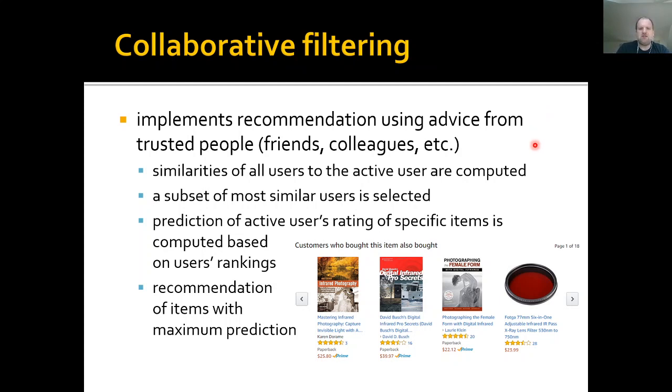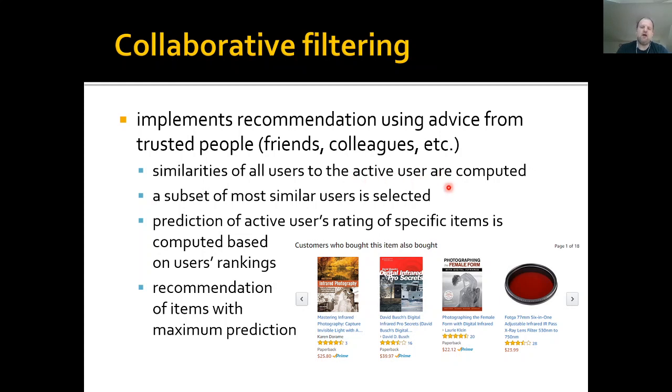Based on these ratings, similar users are identified, and in those cases where the ratings of the similar users are known and the rating for the active user is not known, these are extrapolated to the active user. Here we have used the term active user.